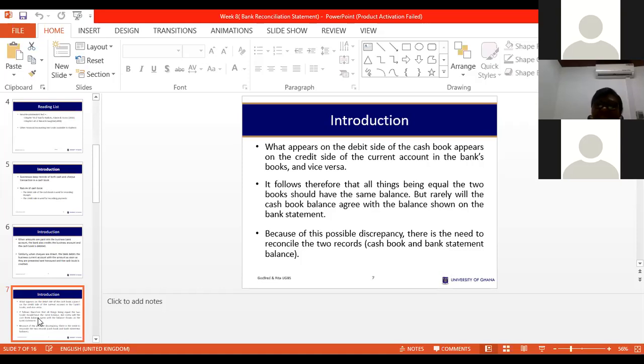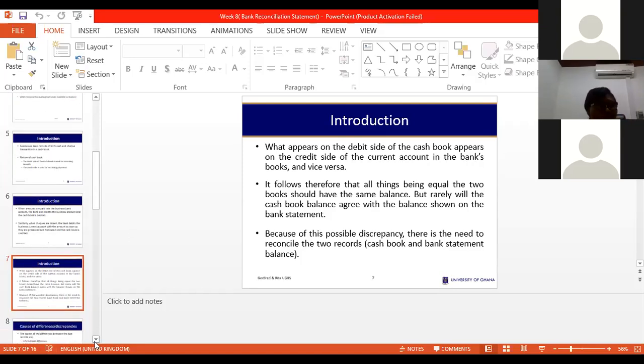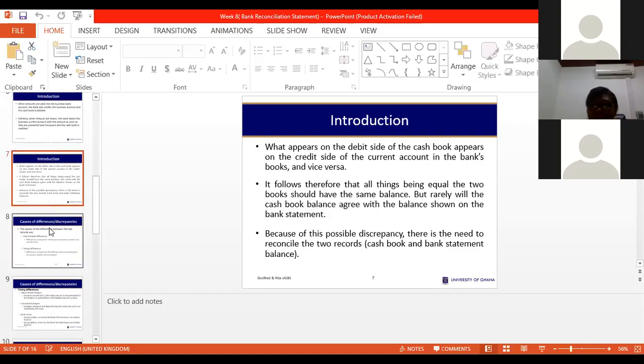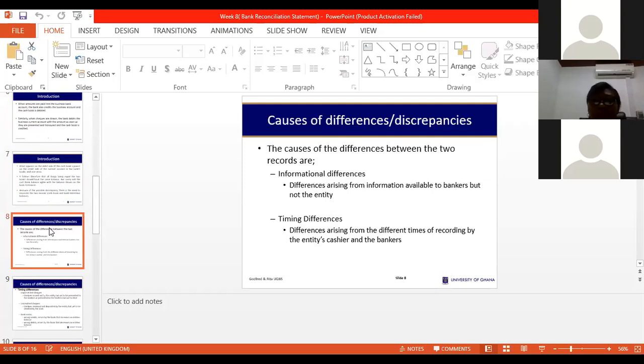But I'm saying that it is not always the case. There may be discrepancies between the two for which we need to do a reconciliation every time. Now, what causes the discrepancy or the differences between these two records?